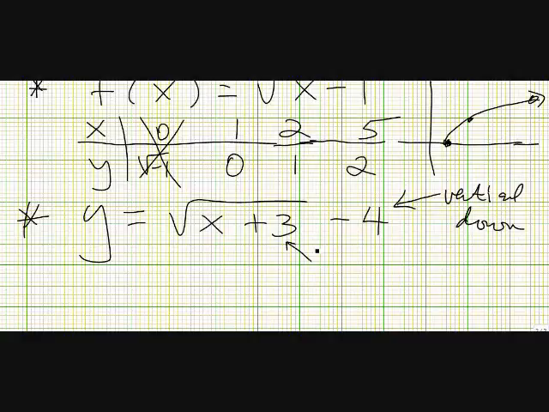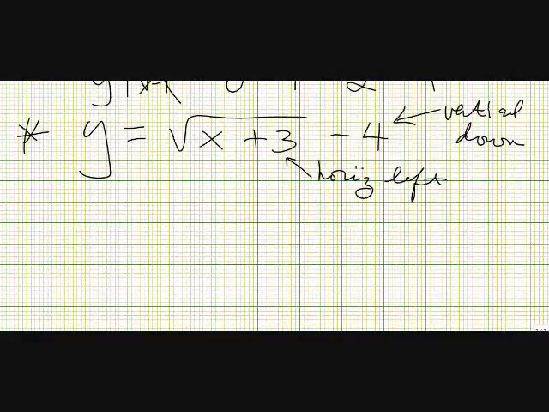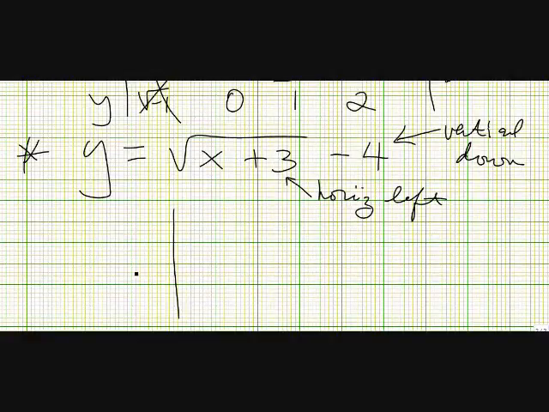And a horizontal shift. So plus makes them go to the left. So when I go to graph this one, my vertex point is going to go from the origin left 3 and down 4.